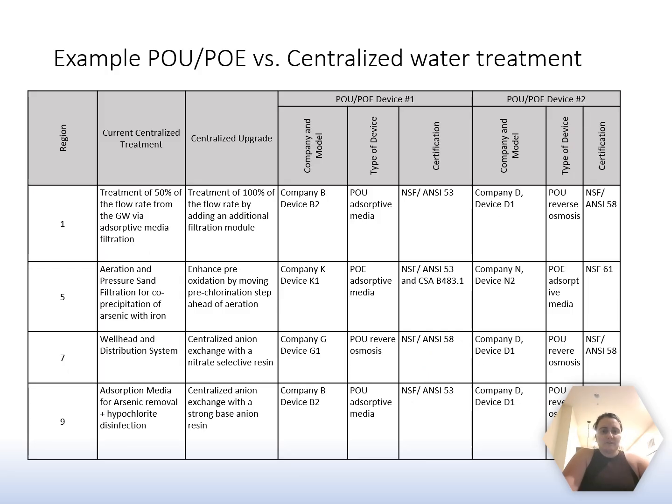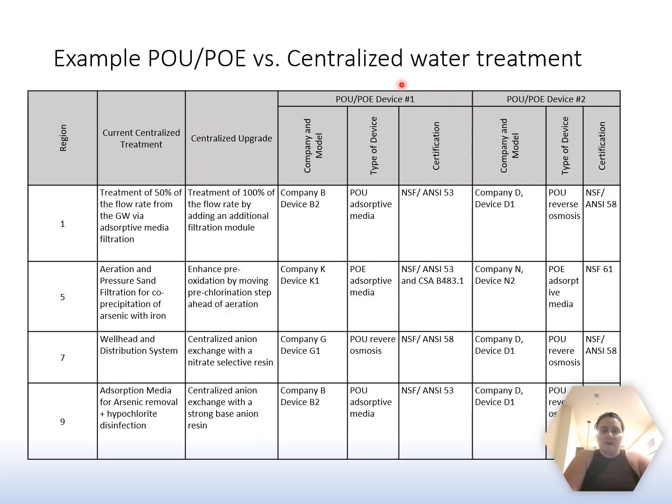What this shows you here is all the different alternatives that we were considering. You can pause the slide and take a look at this in detail if it really interests you. But the main takeaway that I want you to take is that we've got 4 different regions, and we looked at what they currently have for water treatment. Then we looked at an upgrade to their system, so this is alternative 1.